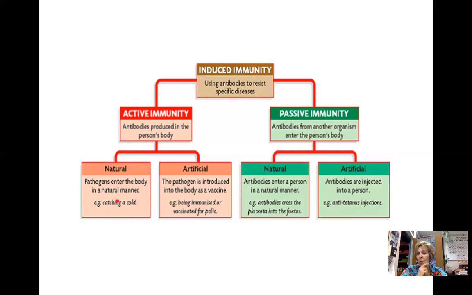And back before we had a smallpox vaccination, this is exactly what some people were doing. Because smallpox was so deadly, they would take healthy people, go to houses, and expose them to somebody that had smallpox.